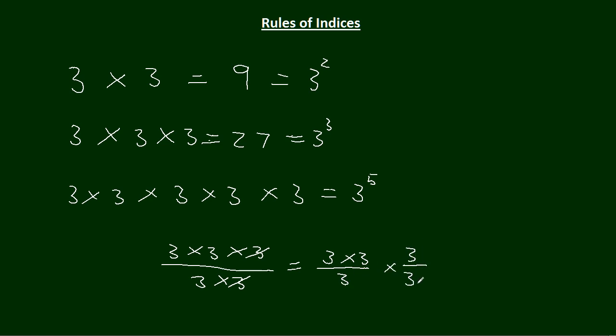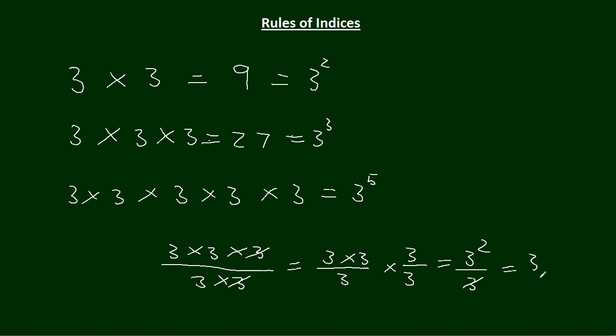And 3 over 3 is 1. And so we're going to be left with 3 squared divided by 3. We can divide that into it as well, and we're going to end up with 3.